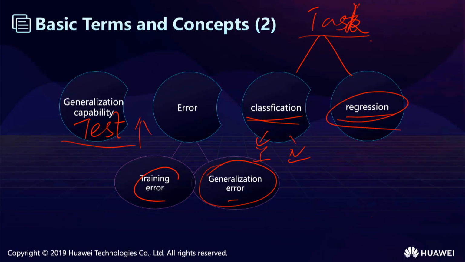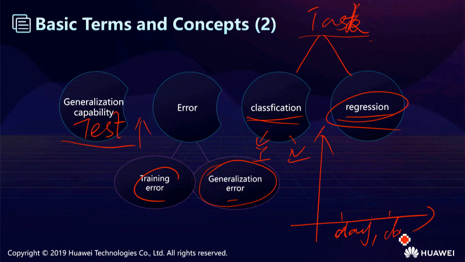Regression is to predict the trend of a problem, such as the change of temperature or the price of a house. Let's see the example of temperature change. Maybe day 1, day 2, and the next day 3. Day 1's temperature is 24, day 2's is 23, maybe like that.